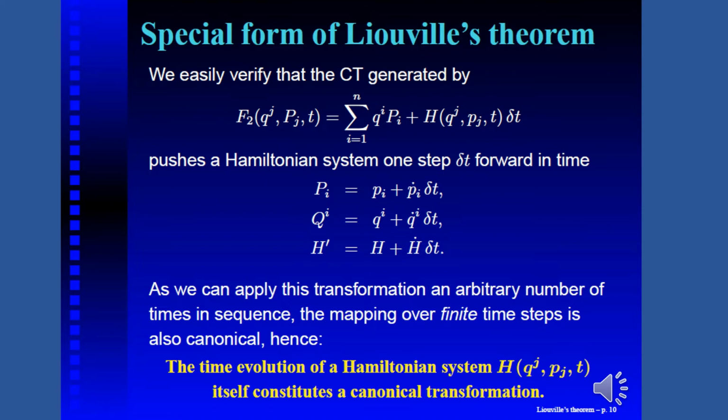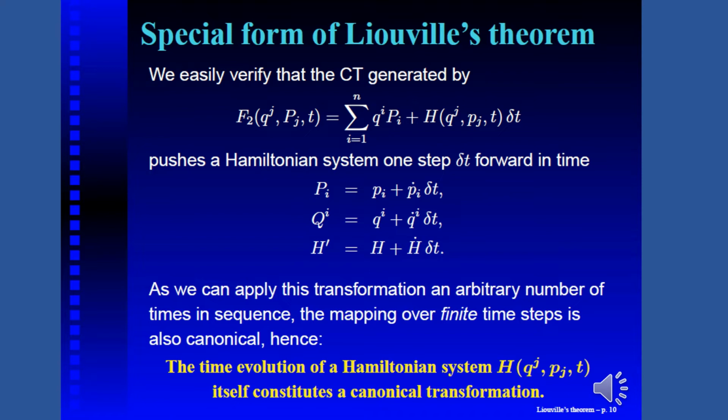As we can apply the transformation an arbitrary number of times in sequence, the mapping over finite time steps is also canonical. Hence, the time evolution of a Hamiltonian system H(qj, pj, t) itself constitutes a canonical transformation.